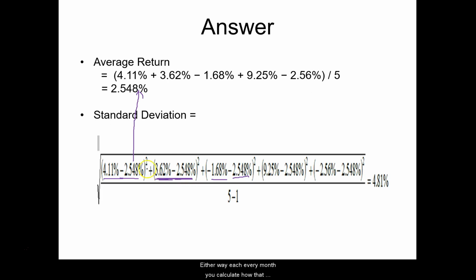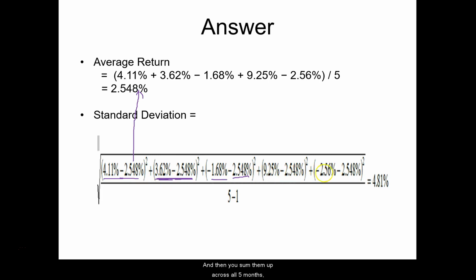Either way, every month you calculate how that month's return is different from the average, and for each difference you want to square them, because if you don't, you add up all these 5 numbers, you get 0.